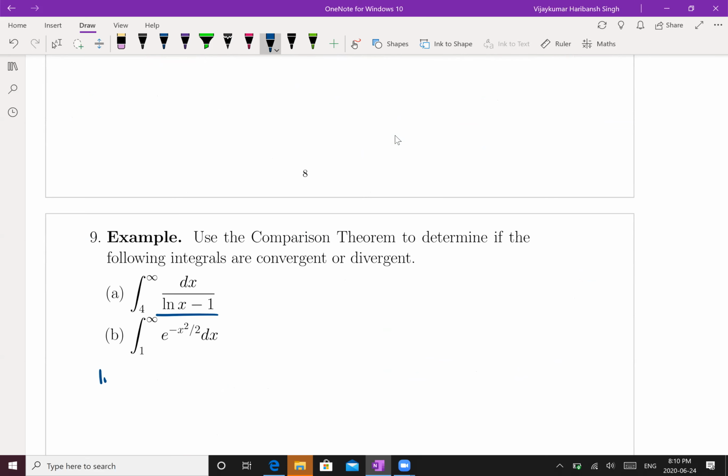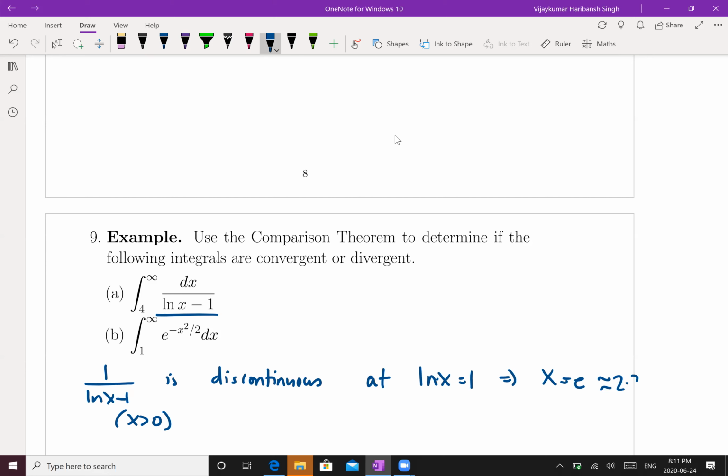This function, 1 by ln x minus 1, where the domain is x greater than 0, is discontinuous when ln x equals 1, which implies x equals e, which is roughly 2.71.